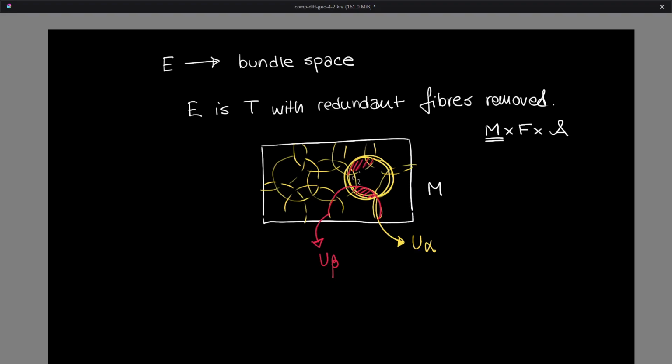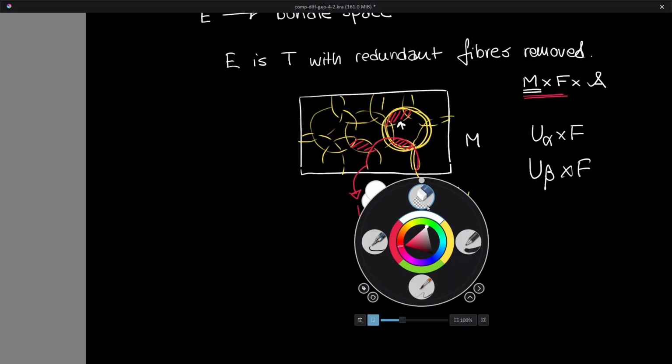So in all of these intersections, we're basically attaching all of these fibers. That's where this came from. And we realize that if we attach the fibers to each of the points, each of the local patches U alpha cross F, then we end up with too many fibers, right? If U alpha and U beta intersect, then you get fibers that overlap each other or get attached to the same point. And so we remove these red regions, and we create one single copy of them.